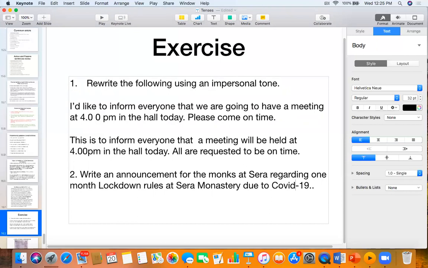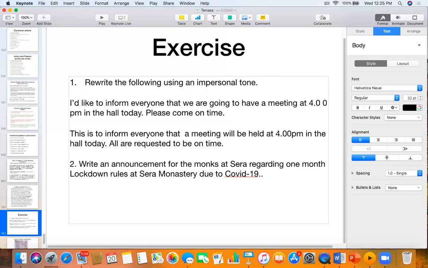And if necessary, when they come out, everyone should wear a mask. That is the informal, active version. Listen, all are requested to stay at home and to wear masks.